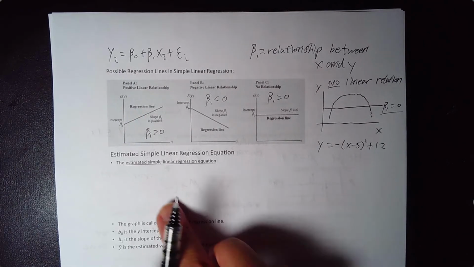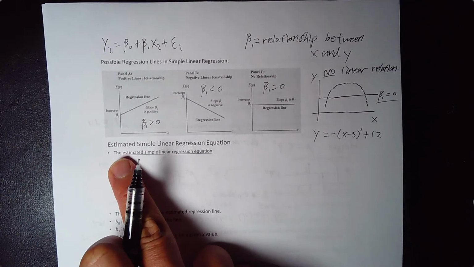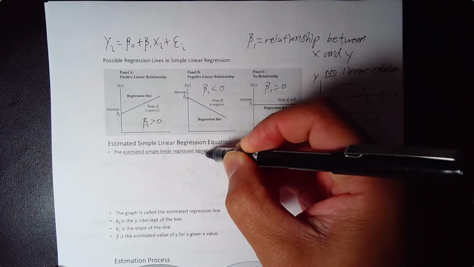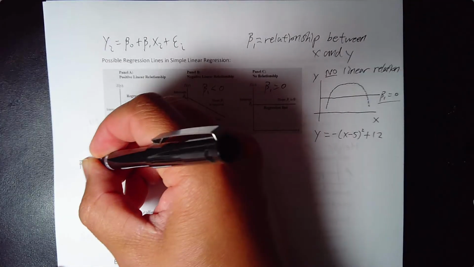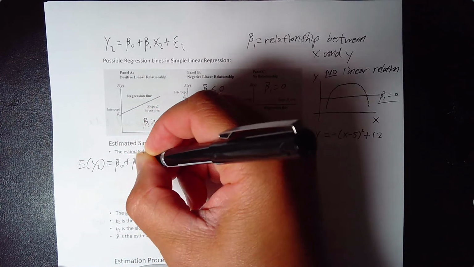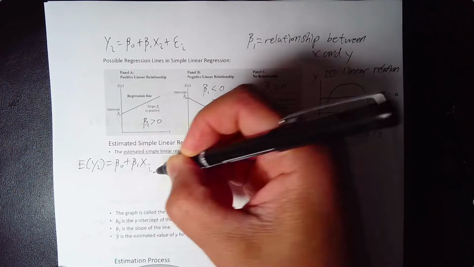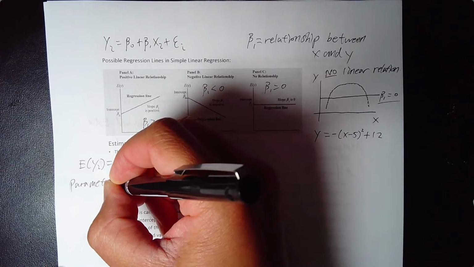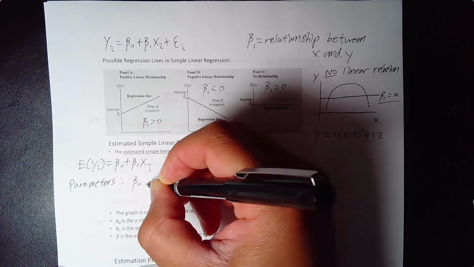The way we estimate is we want to estimate a simple linear regression equation. The equation that we'd like to estimate is beta 0 plus beta 1 x i. So the parameters that we're trying to estimate are beta 0 and beta 1.